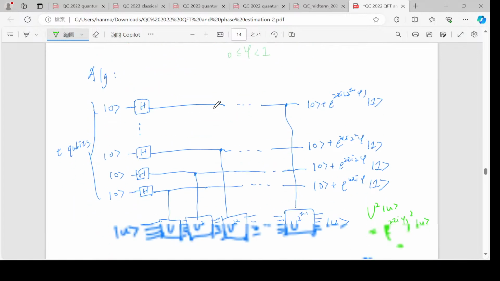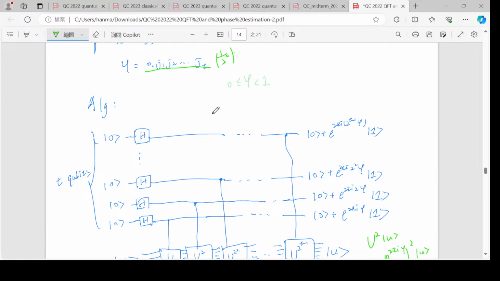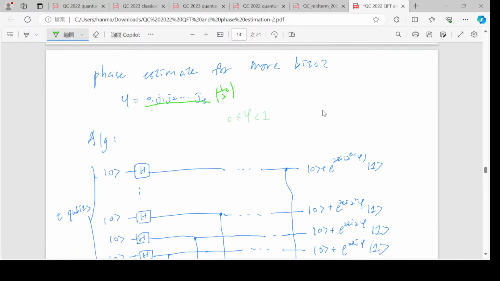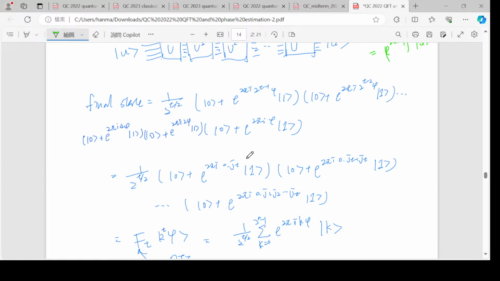This is the calculation we did before: e to the 2 pi i something, then we don't care about the integer part. So for example, 2 phi will equal j1.j2 j3 to jT, and this j1 we don't care about. So 2 phi is effectively, in the phase, 0.j2 j3 to jT.